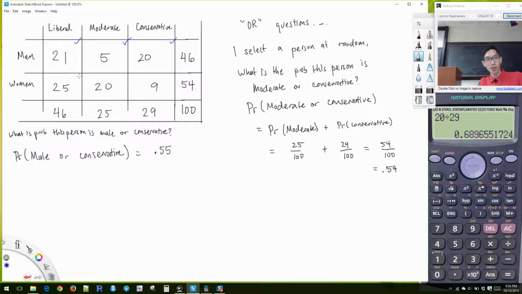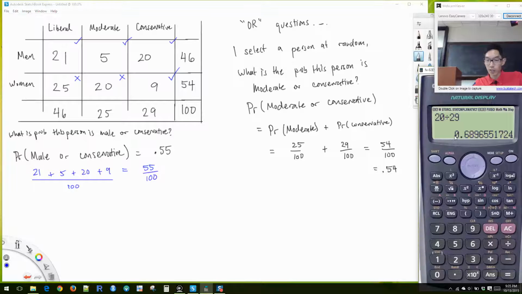The 25 liberal women? No. The 20 moderate women? No. What about these? Yes. So we would do 21 plus 5 plus 20 plus 9, and I think that gives me 55 out of 100. Did I do my addition correctly? I'll just double check. Yes, so that's how I get 0.55.